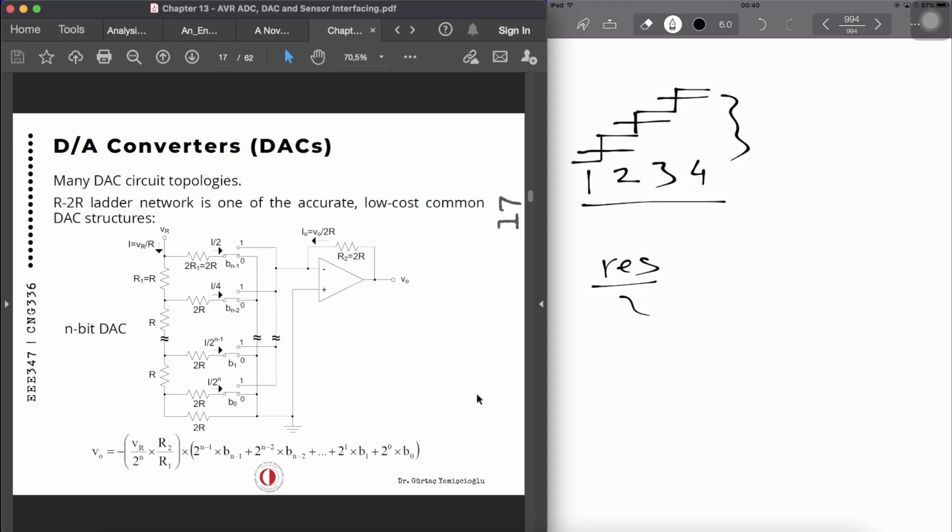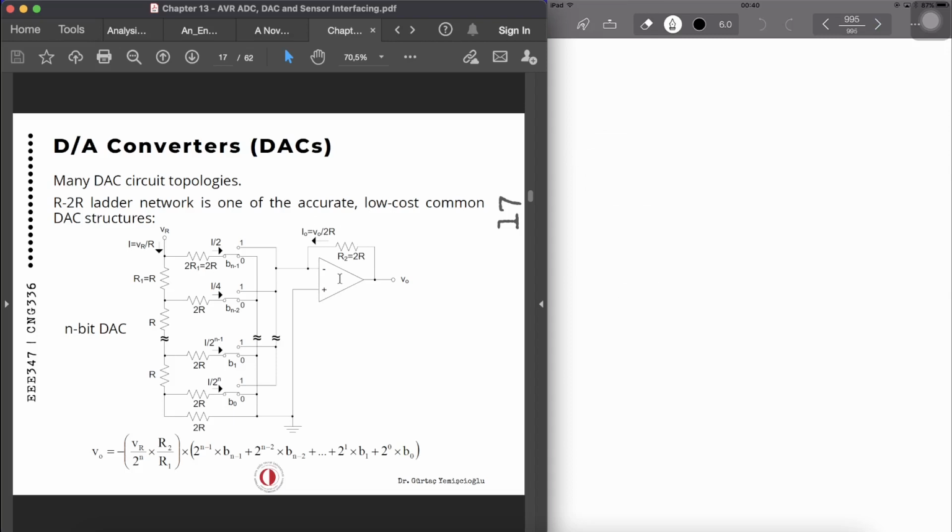Now, when we look at this circuitry, the first thing that you can easily spot over here is the analog amplifier with negative feedback. Because we can do it with a single one in this implementation, that's why it's so attractive to use this R2R ladder. Now, in order to understand the digital to analog converters, let's talk about how the circuit works.